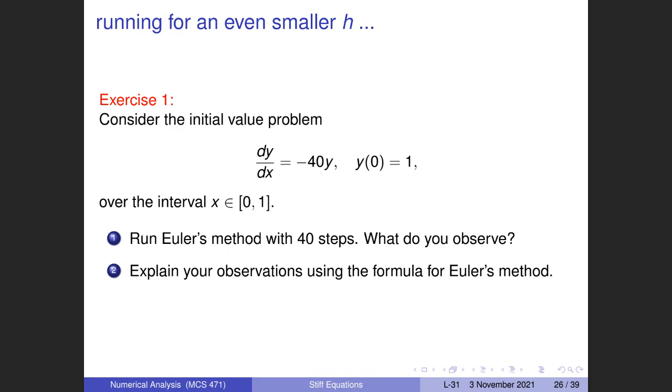So in solving this exercise, you will run the code that is posted, or you can take the code from a previous lecture. And then the second part of the exercise, you will use the explicit formula to explain the observations. So Euler's method gives an explicit formula for the values.